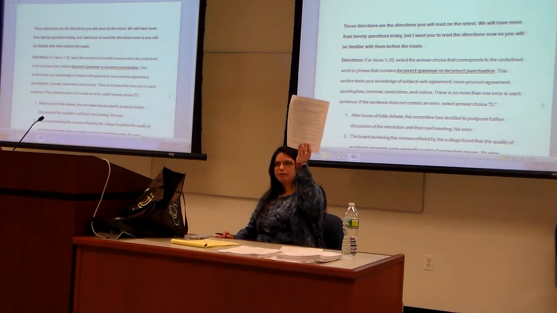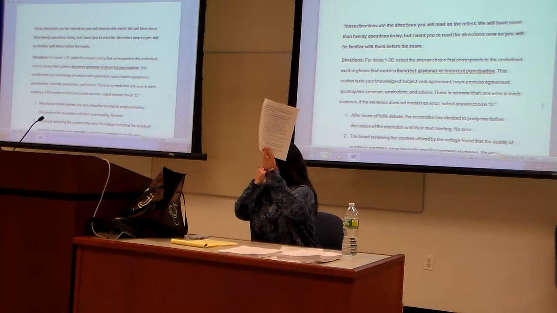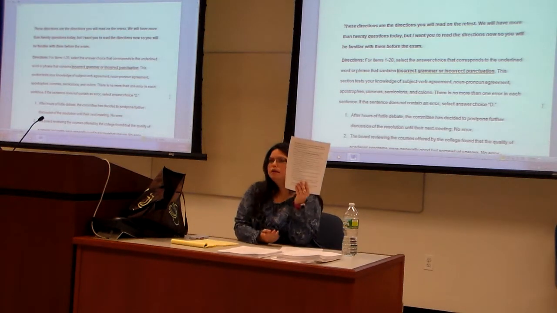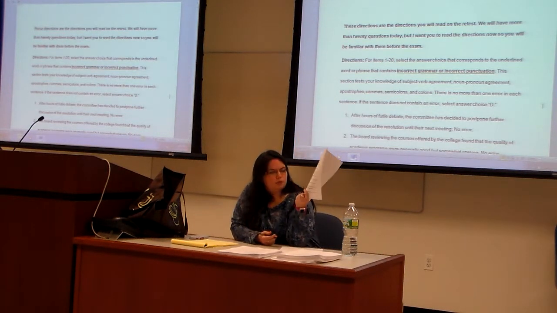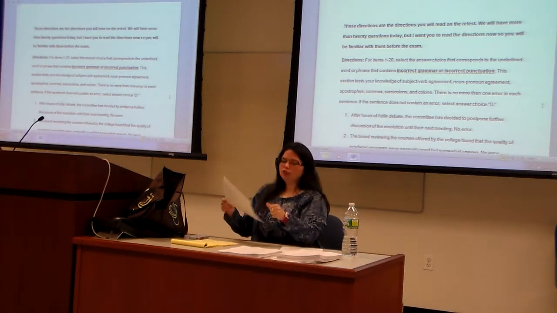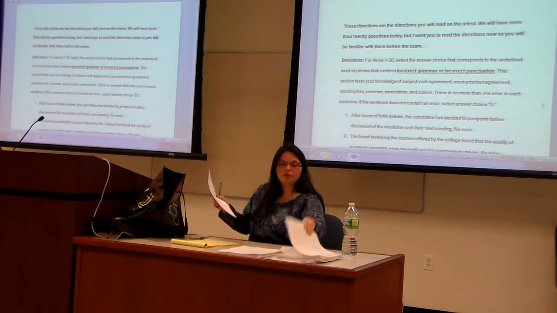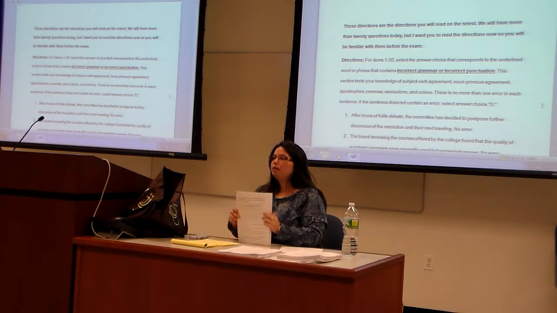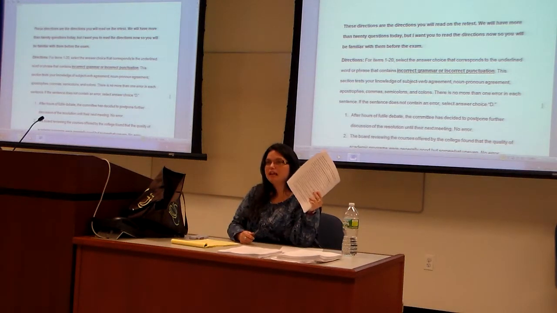I take this out. What I want you to do, 1 through 7 only, just on this first page, is label the subject-verb agreement questions, the ones where the error in the sentence is a subject-verb agreement error.